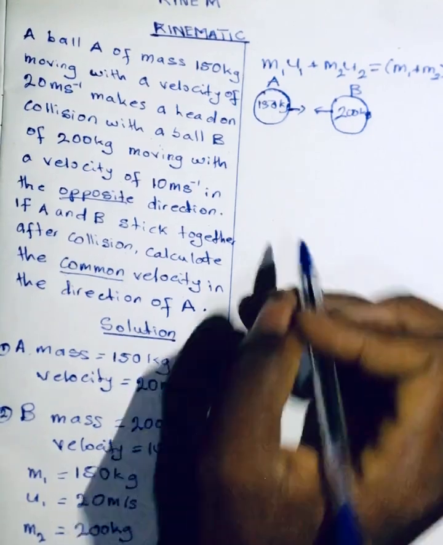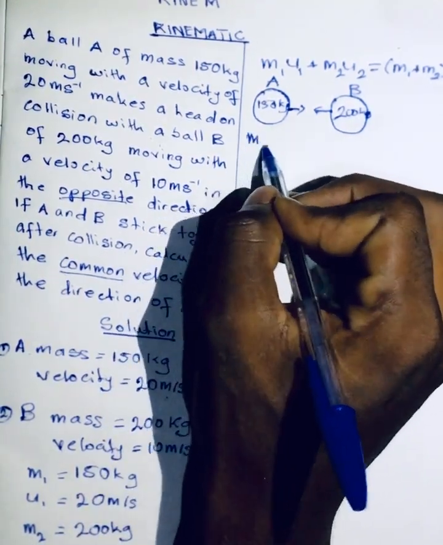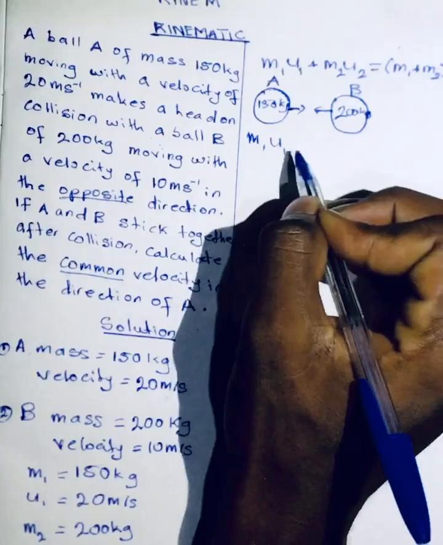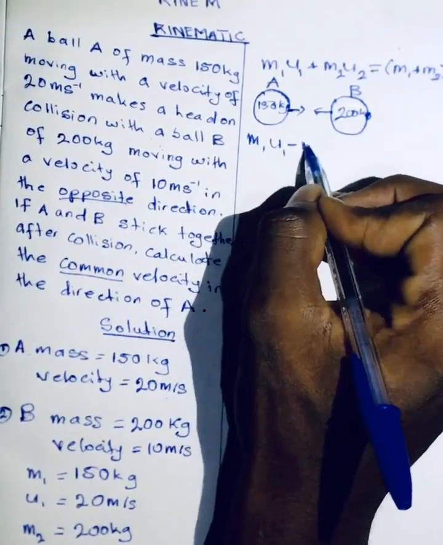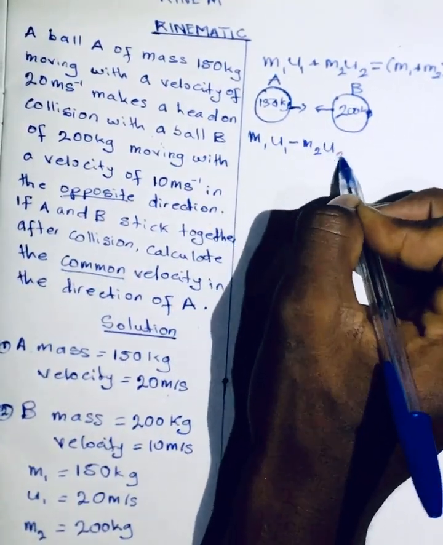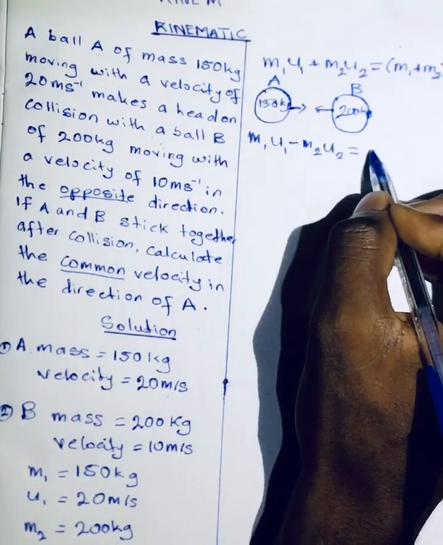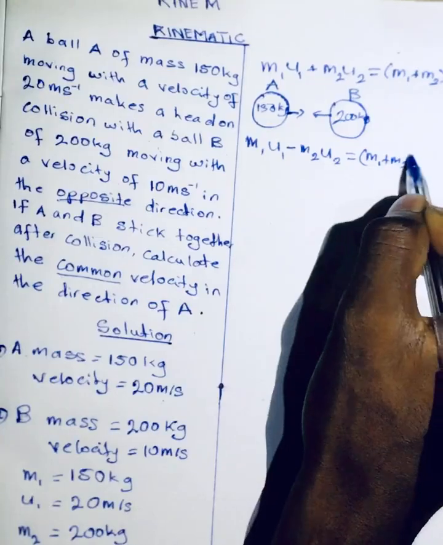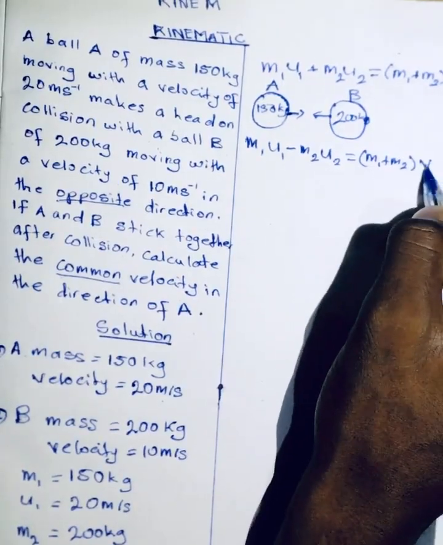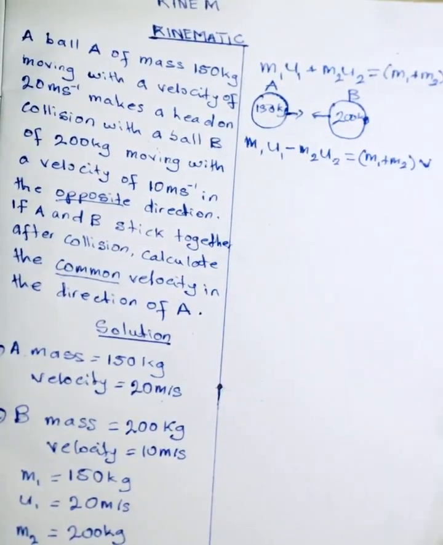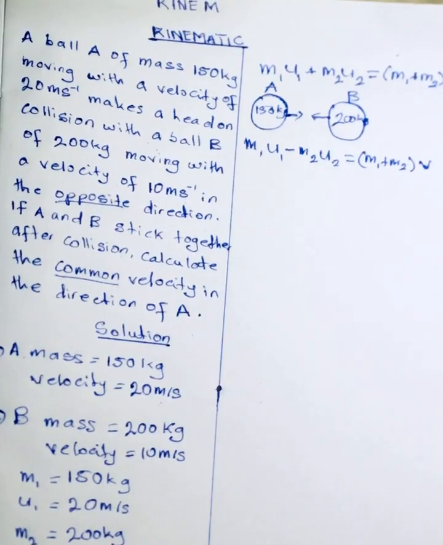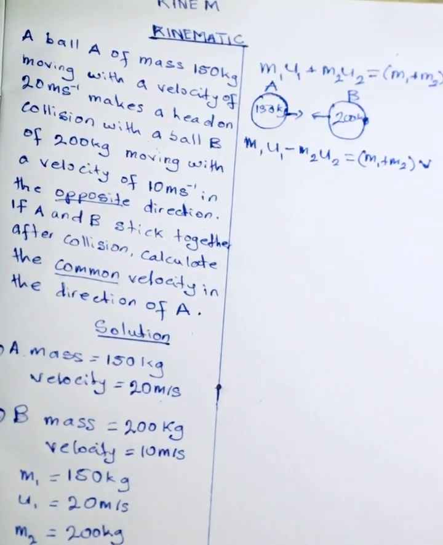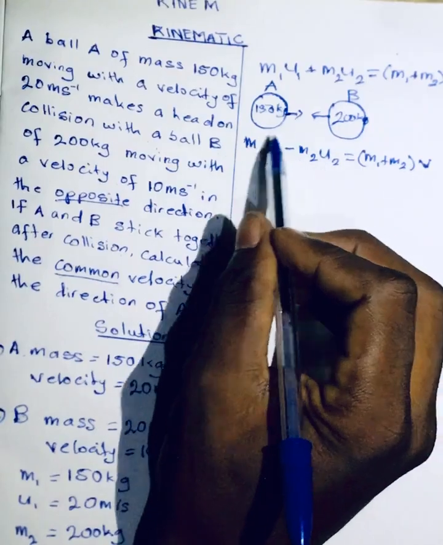So the equation will come in this way: m1 u1 minus m2 u2 must be equal to m1 plus m2 times v. The v is the common velocity we are talking about. Let's simplify.